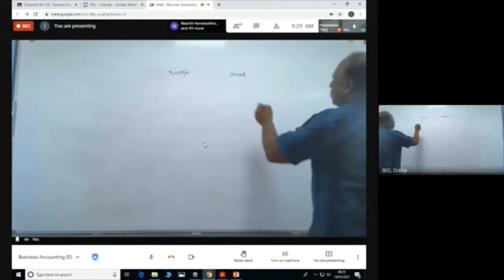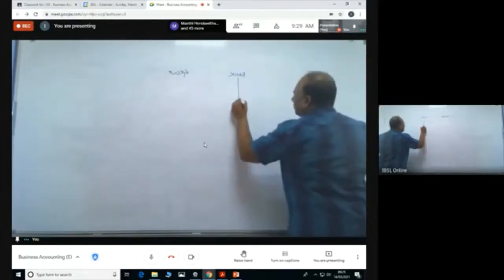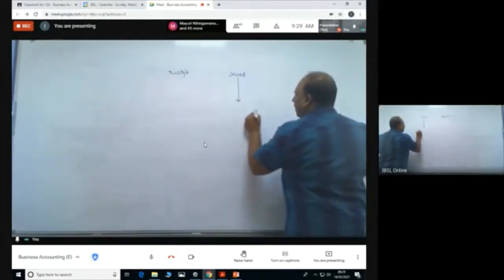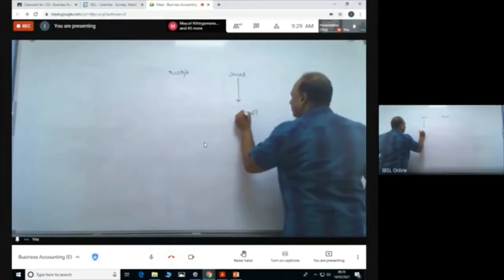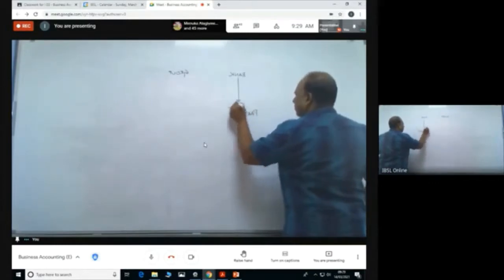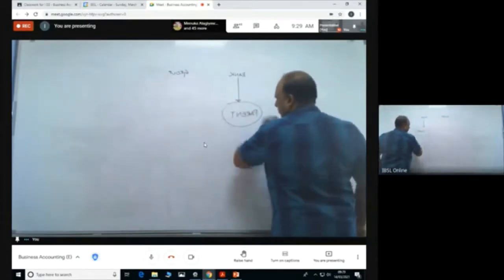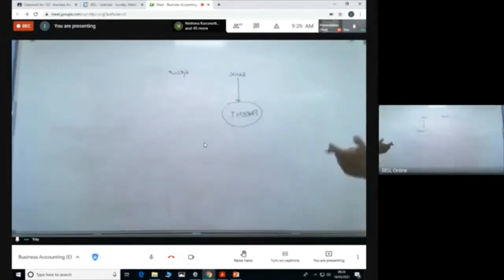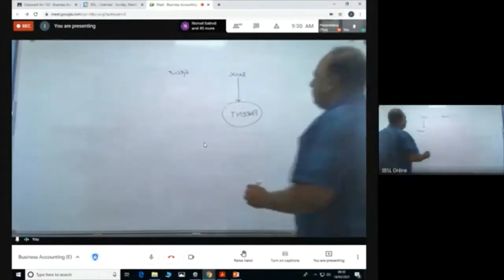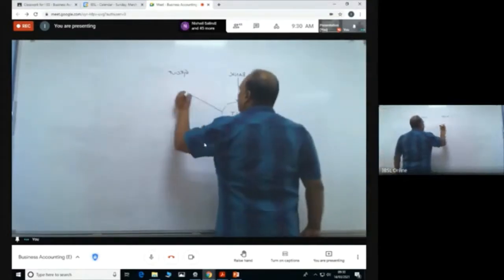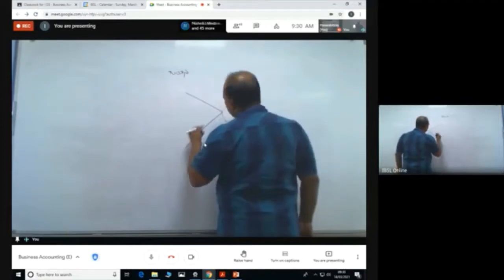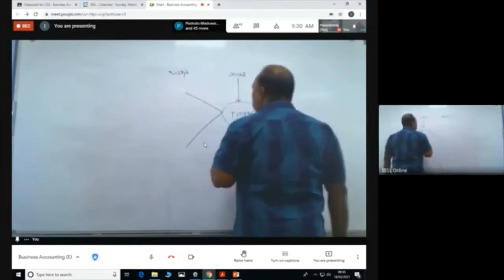Bank is always known as the parent. We call them the parent. That is like a mother of the entire group. Now this parent will have 2 types of companies, or maybe there are more than that also.